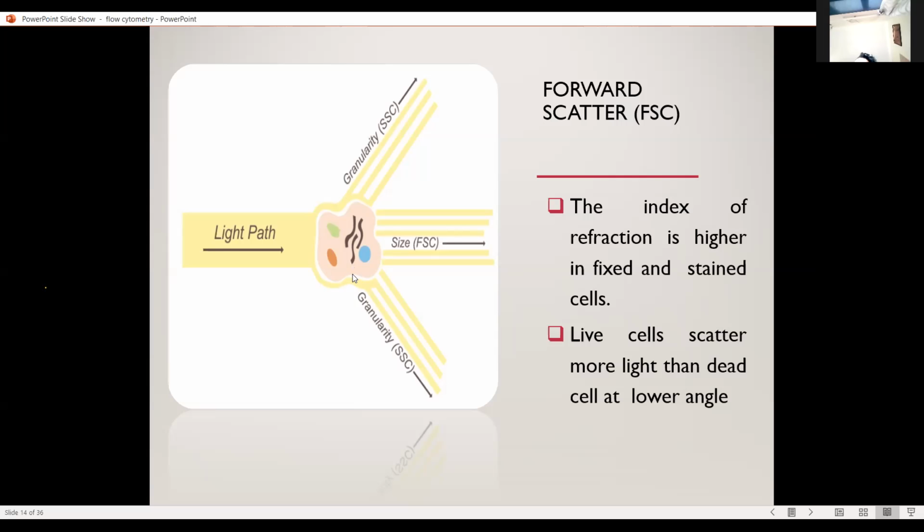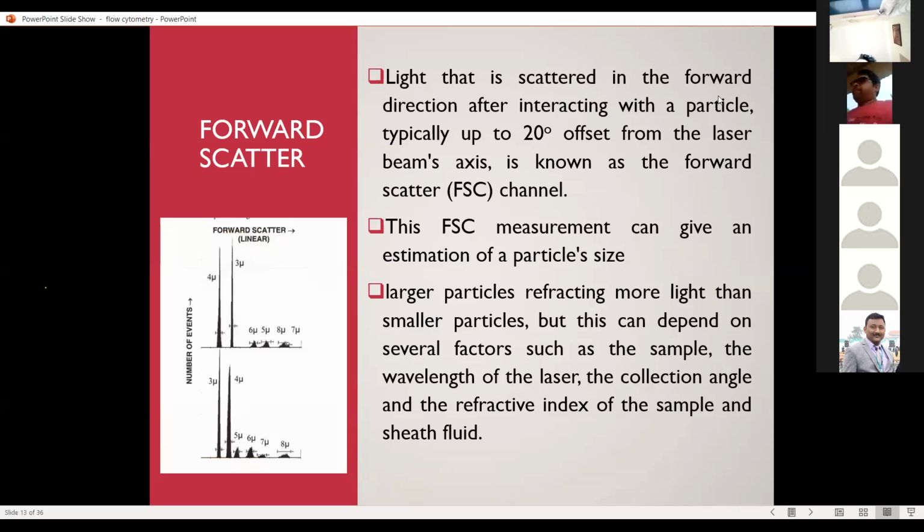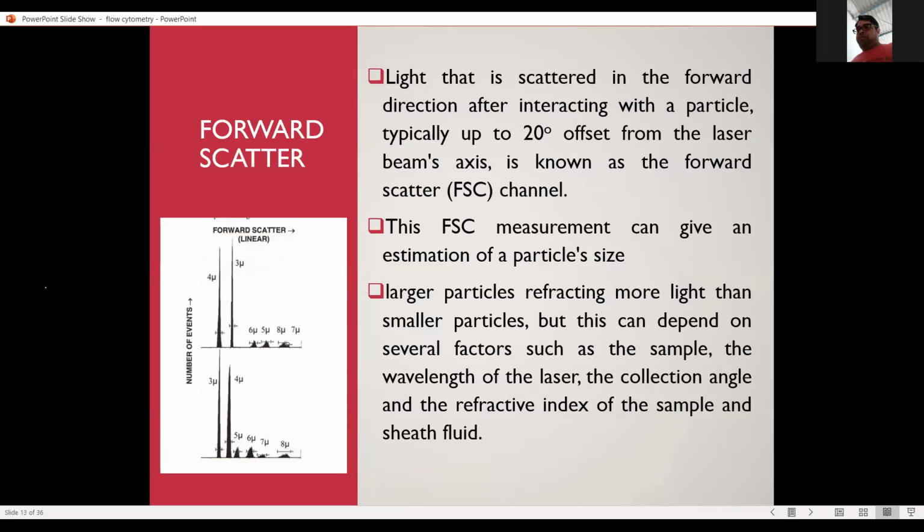And when the cells have low granularity and only size is the basis of differentiation, they will scatter the light in a forward scatter manner. So light that is scattered in a forward direction, typically up to 0 to 20 degrees from the laser beam axis, is known as forward scatter.